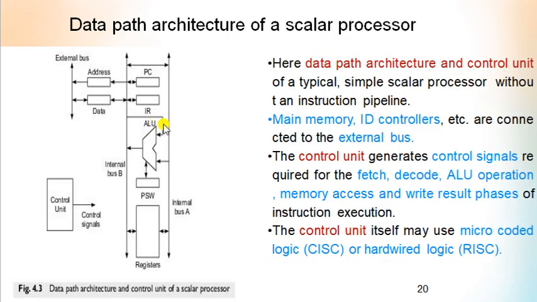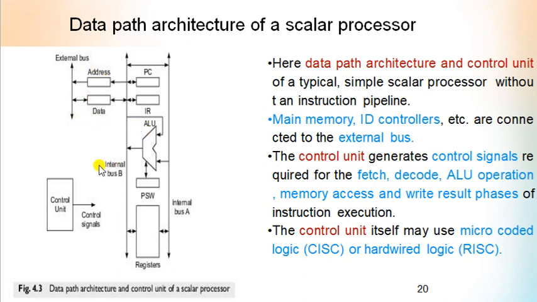This is the data path architecture of scalar processor. Here, the data path architecture and control unit of a typical simple scalar processor without an instruction pipeline can be illustrated in this figure. And it includes main memory, I/O controllers, and connected to the external bus.